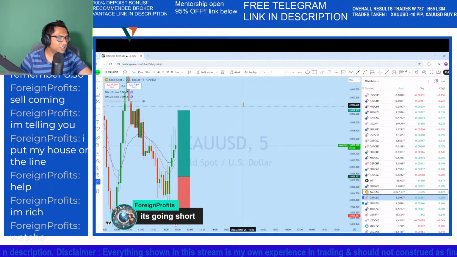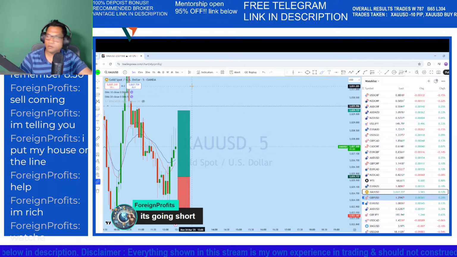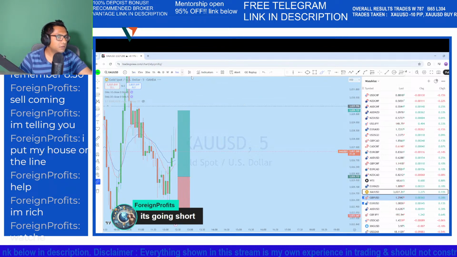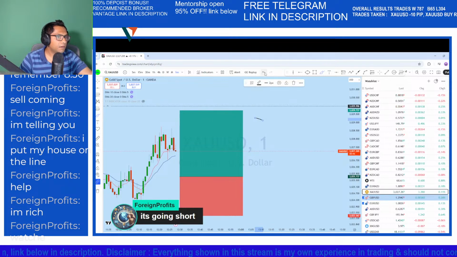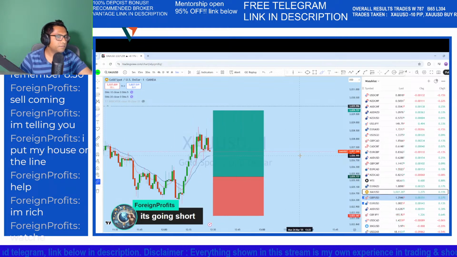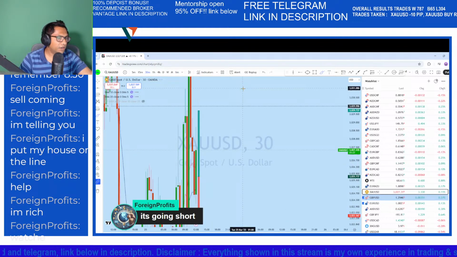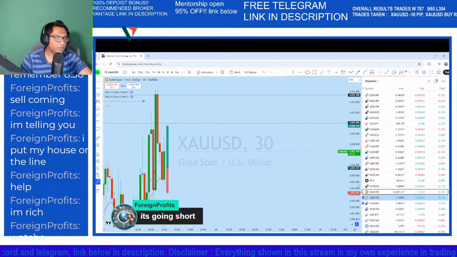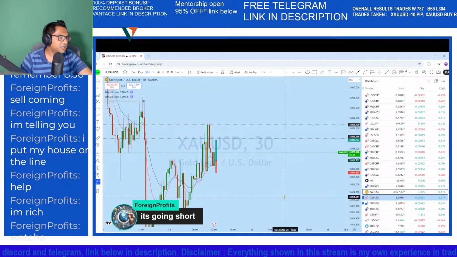looking at the 5 minutes here, which is a doji, and it may come for a break of structure here. We'll be running, let's wait to see. There is also a 30 minutes candle closed.